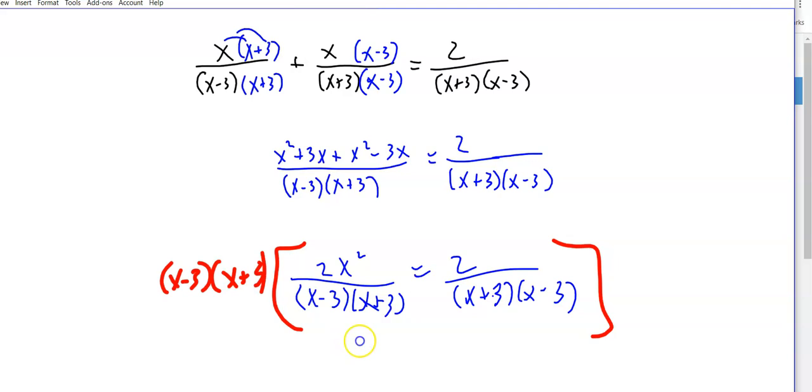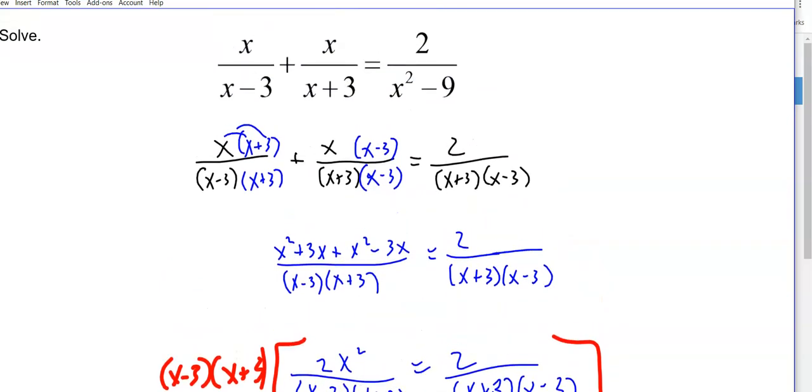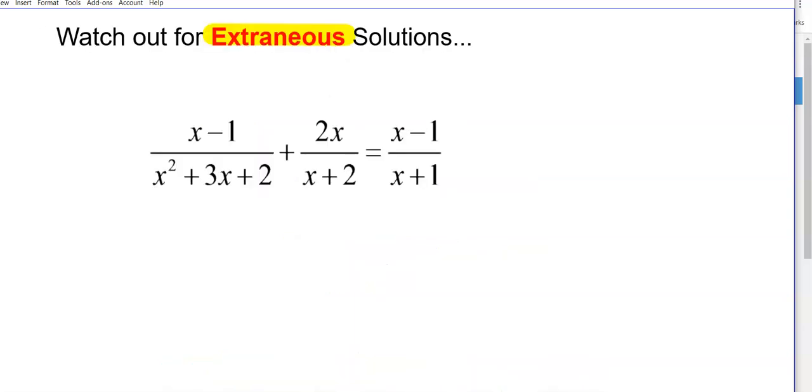When you do that, the denominator goes away, you get 2x squared equals 2, and you solve from there like we had before. Because you have to cancel out that denominator, we're just kind of circumventing the system and saying, well, let's just do that earlier on. It's so much easier just to multiply with the LCD at the beginning because all the denominators kind of go away. In fact, if you'd done this from the beginning, it's just faster, right? So that's one thing to think about there.